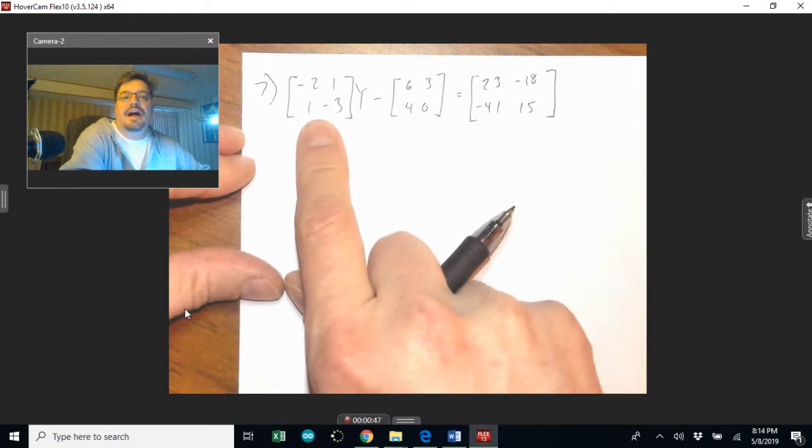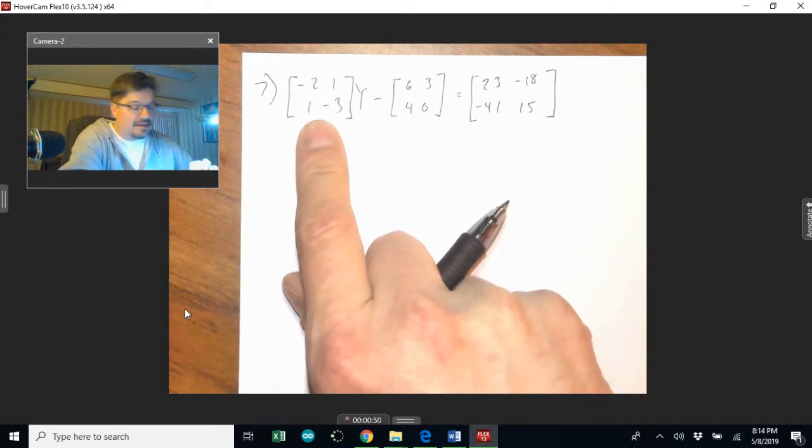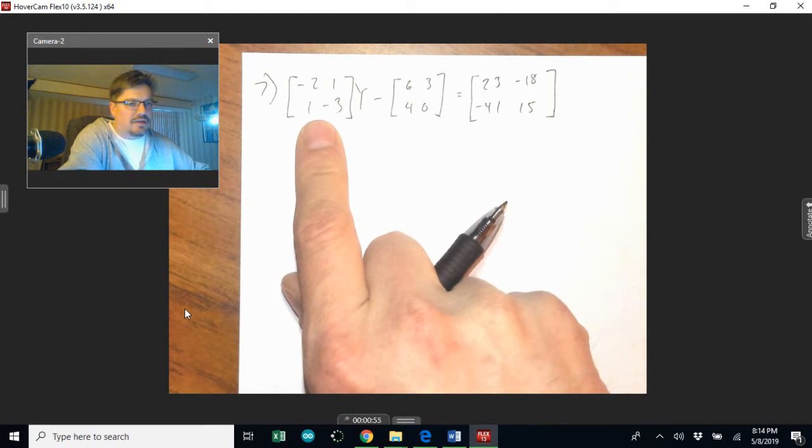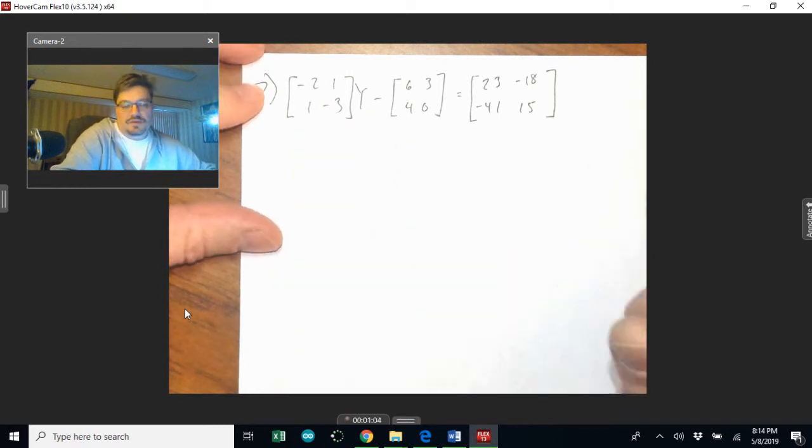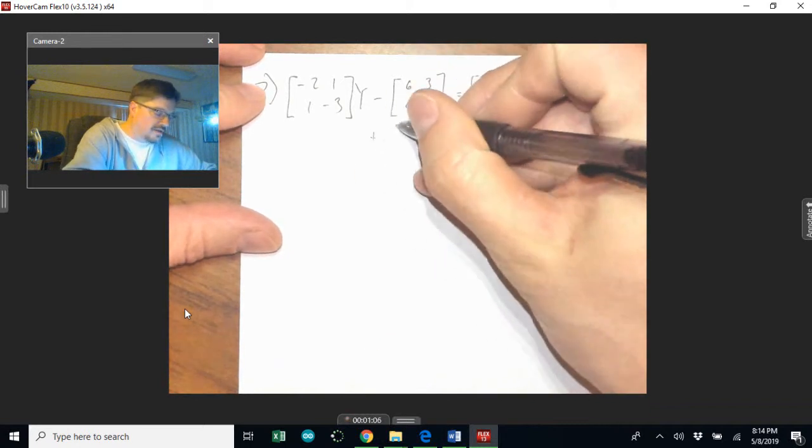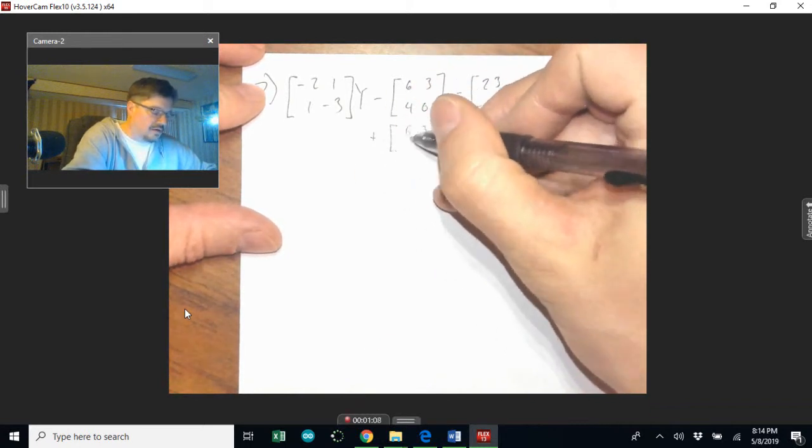But I can't divide a matrix by itself. The matrix to undo matrix multiplication, I believe I mentioned in the other video, requires a completely different way. That's what makes it so weird. And there's proofs for this, but we don't have to do it in this course. So we're going to go ahead and just add this matrix here.